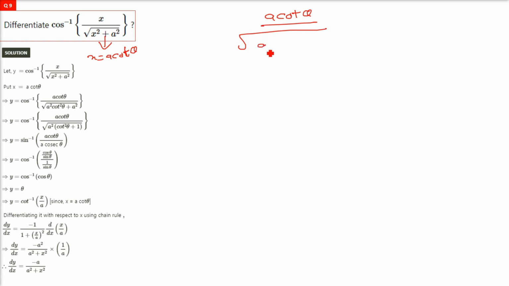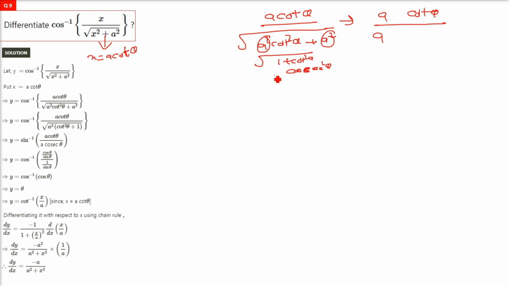Here x square plus a square, so x square will be a square cot square theta. A square will remain like that, so it will be a cot theta. And you have a square, you can take common. It's just a. It comes out under root 1 plus cot square theta, which is nothing but cosec square theta, and since it is under root, it will be cosec theta. Under root of cosec square theta will be cosec theta.